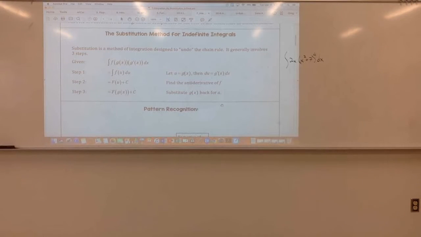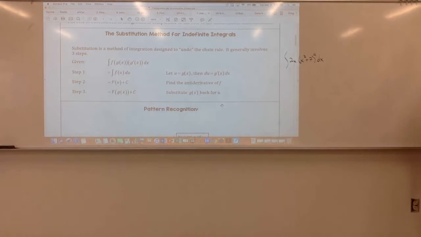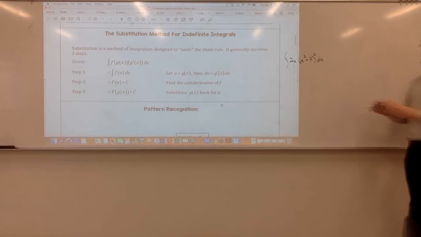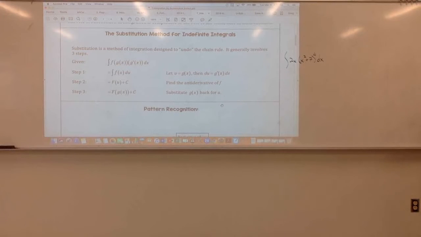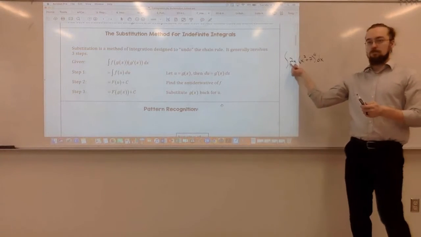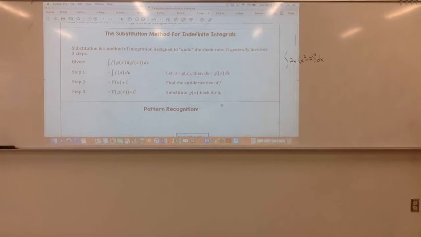What we want to recognize is a piece of the function whose derivative or a multiple of its derivative is also in the function. So if I look at this piece, x squared plus 7, what's the derivative of x squared plus 7? 2x. That's there as well. That's the idea. We're looking for a piece of that function and its derivative.